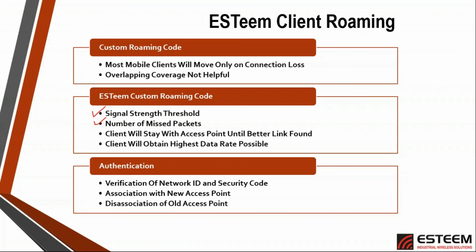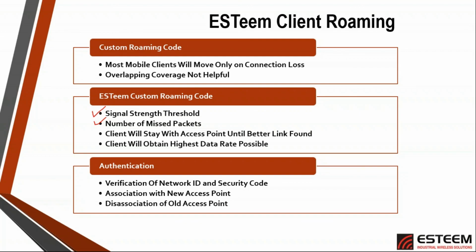So then as the device moves as a client across the network, if it sees that the access point it's associated with drops below that minus 50 and there's another one out there, it will automatically associate with it. The purpose behind this is that you can fine tune how you want these mobile clients to move within the network.